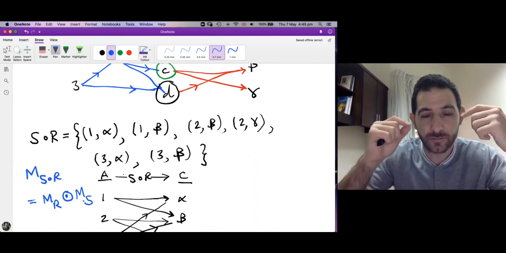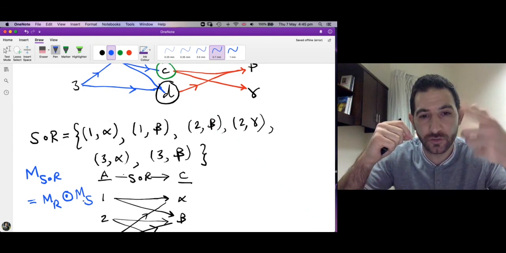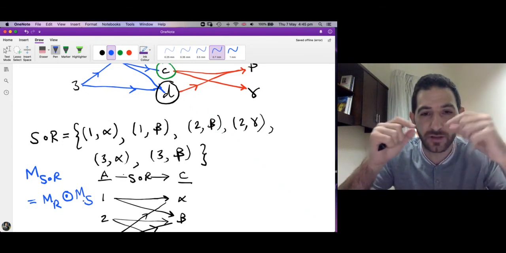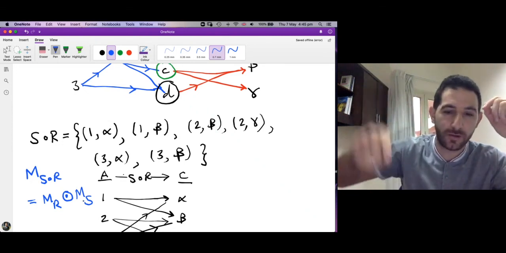The entries in the Boolean product are equal to the join of the meets of the corresponding ith row and jth column.